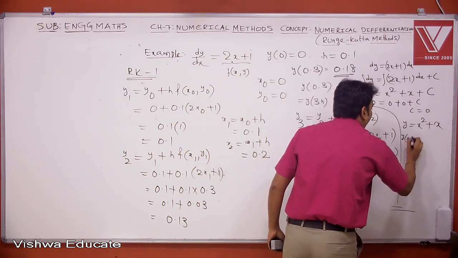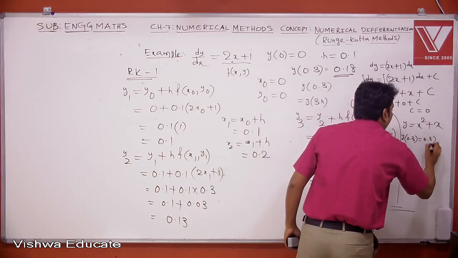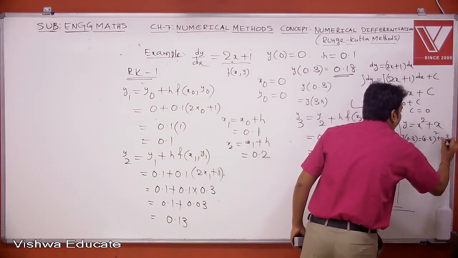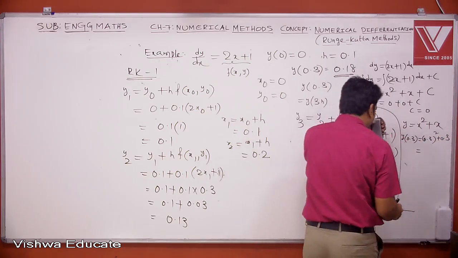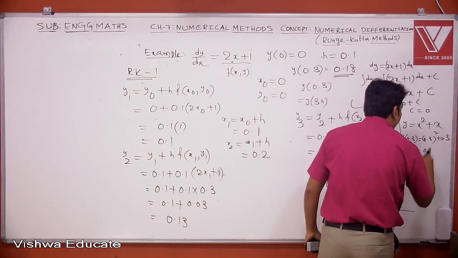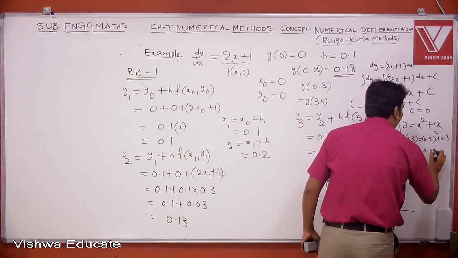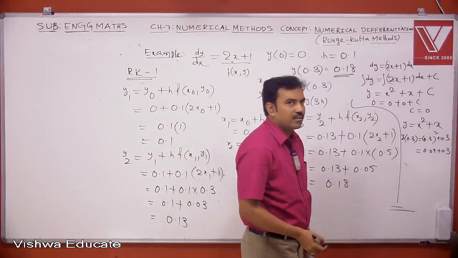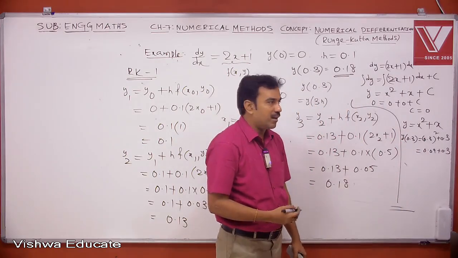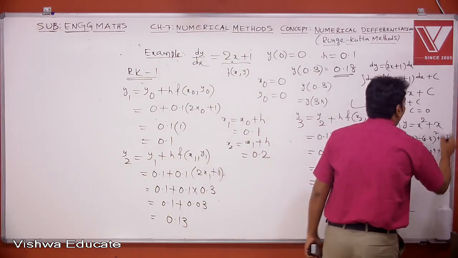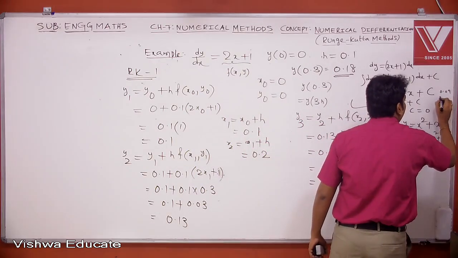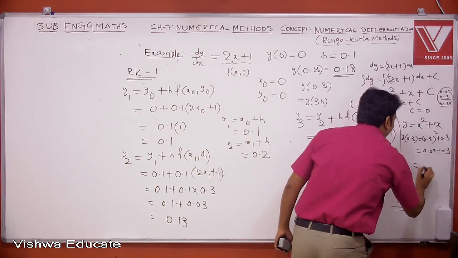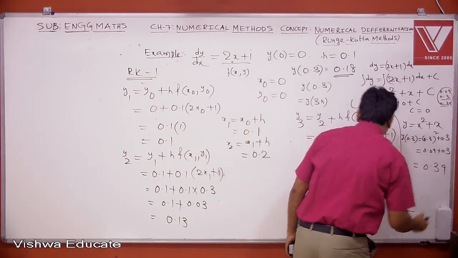So y of 0.3 is 0.3 whole square plus 0.3. 0.3 whole square is 0.3 into 0.3, 9 by 100, 0.09. Plus 0.3, this is 0.39. So the original value is 0.39.